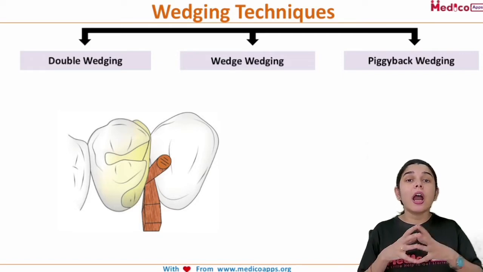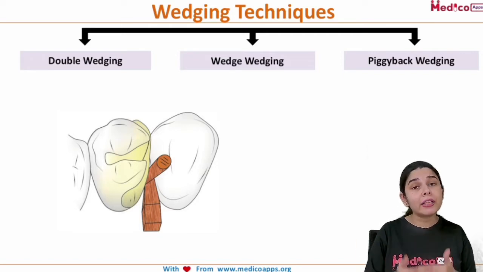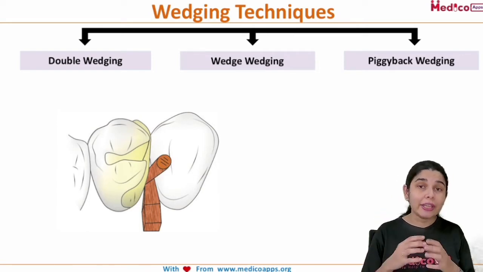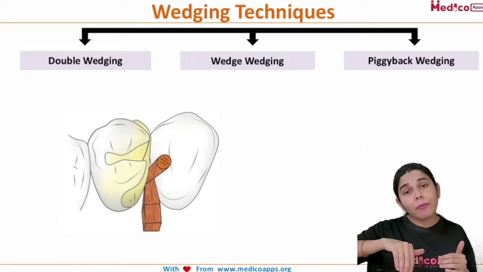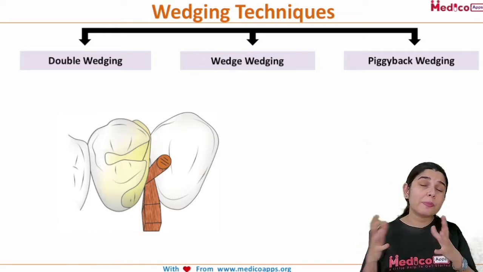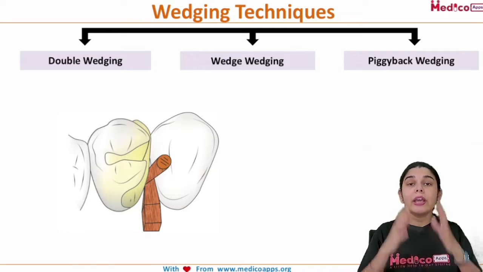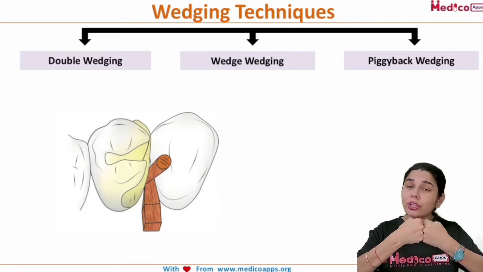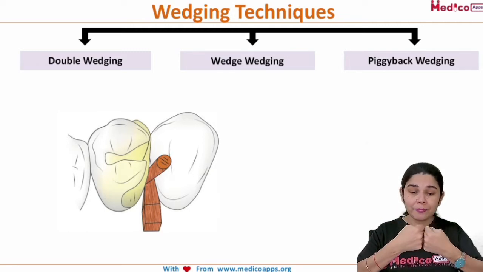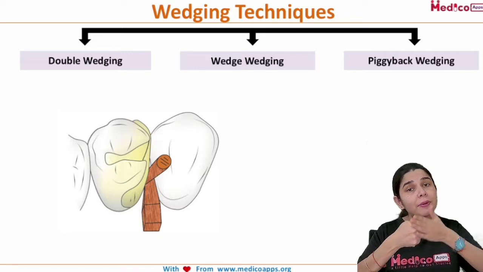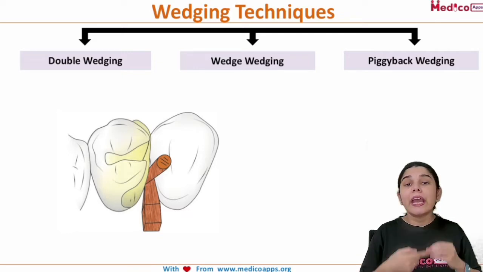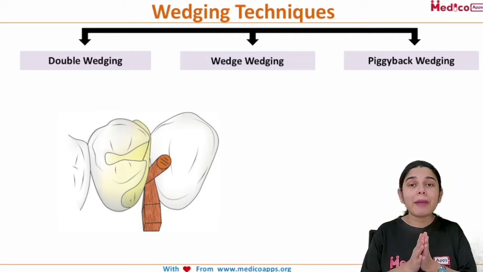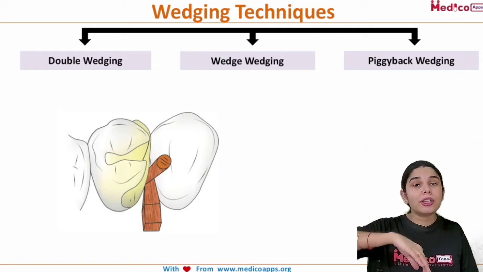Whenever we are doing a cavity preparation and filling the dental material in the cavity, we need to form the contour of the particular tooth, especially when we go for a class 2 cavity, when the two teeth are in contact with each other. If the two teeth are in contact, how will you fill the proximal surface? In that case, the wedging technique is useful in separating the teeth and placing the band matrix so that the contour of the tooth is well maintained.